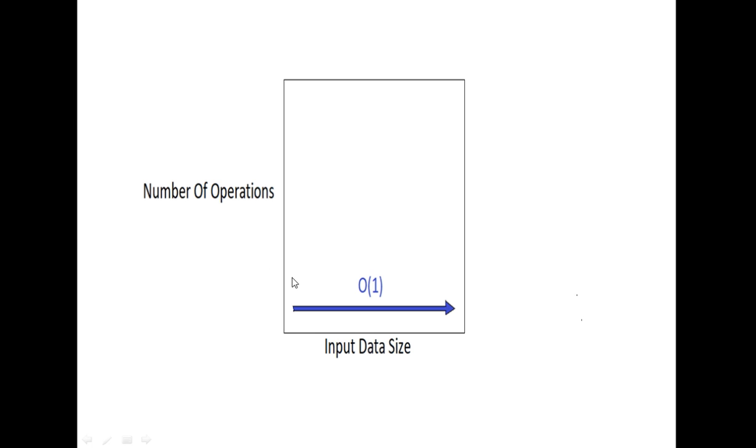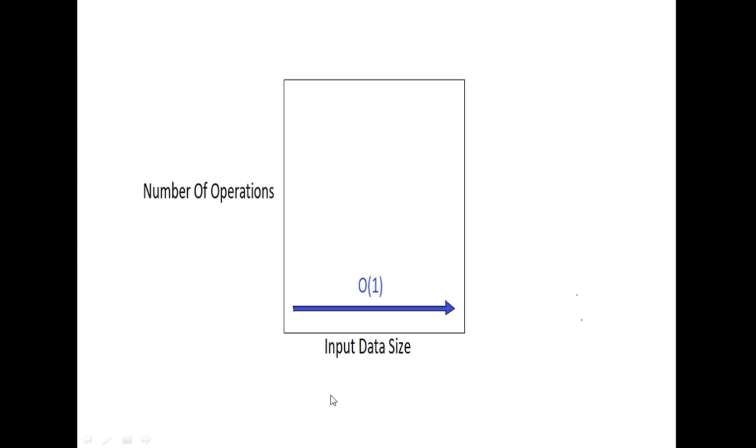By this graph you can see that it takes constant time. The notation, big O of 1, means it will execute the particular operation only one time. This graph is for a better understanding.